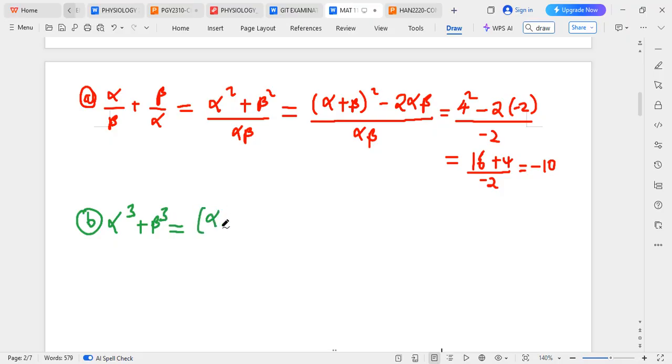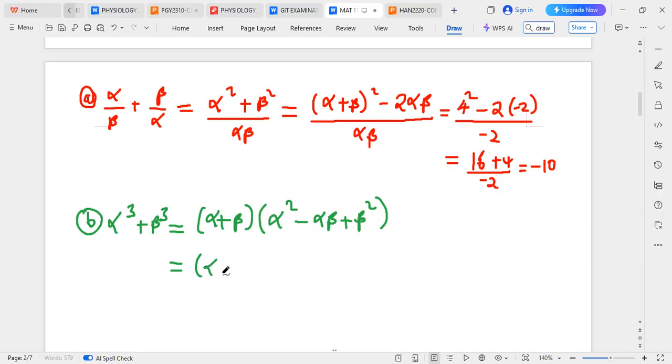You get alpha plus beta, and then alpha squared minus alpha beta plus beta squared. This is the expansion. Again, you either know it or you go to my video to see how it comes about on roots of a quadratic.